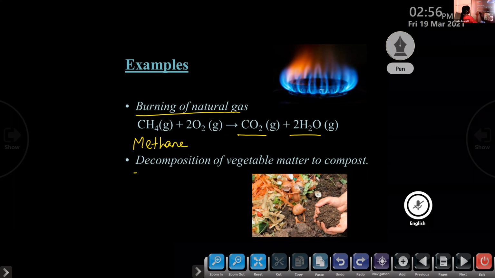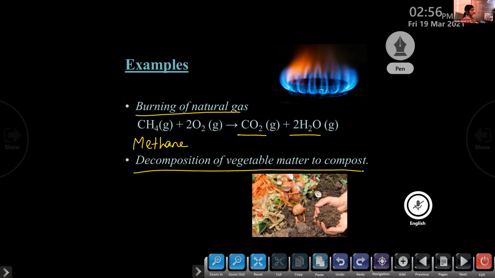Then the second example, decomposition of vegetable matter into compost. In this process also heat energy is released. And we can also write this reaction, calcium oxide plus H2O to form Ca(OH)2.